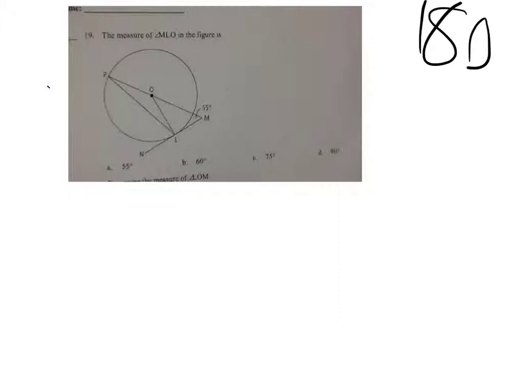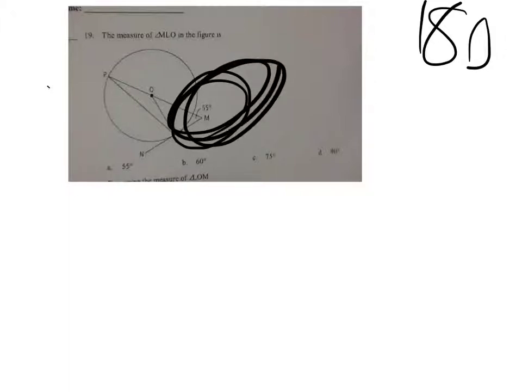So if this is 55, then that means that the angle cannot be 60. Wait, yes it can. It can be 60. I'm not too sure what I'm doing here.